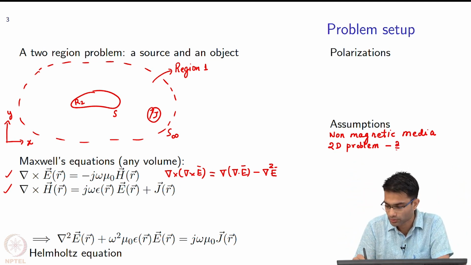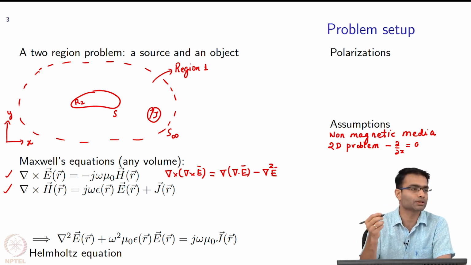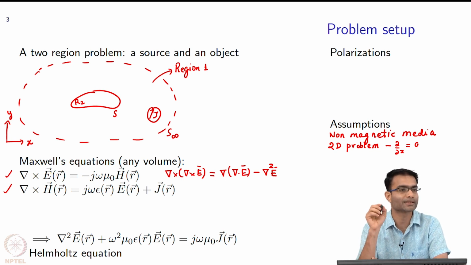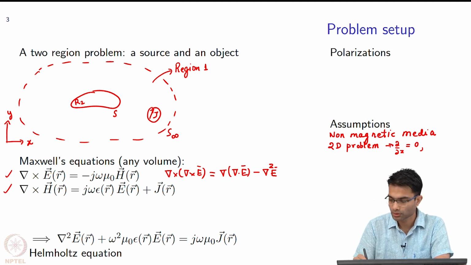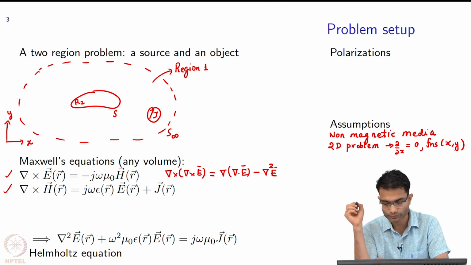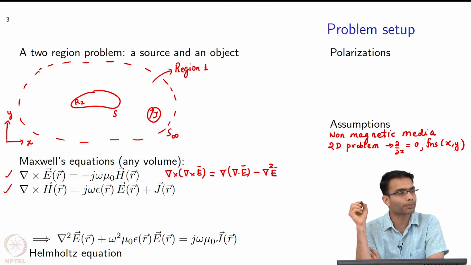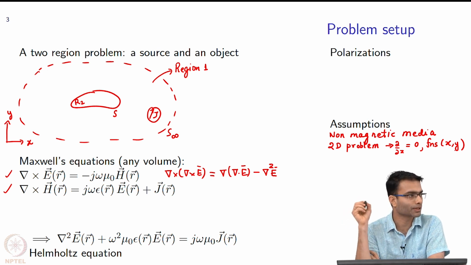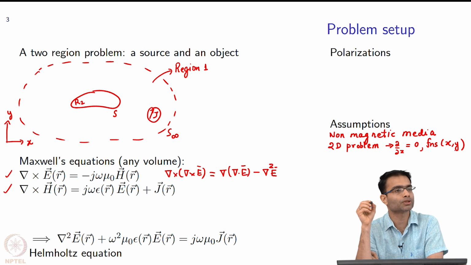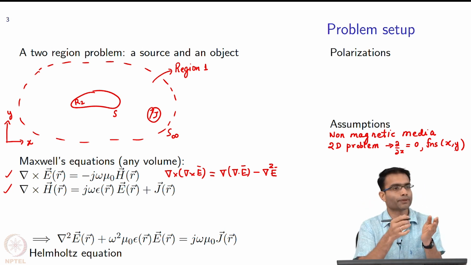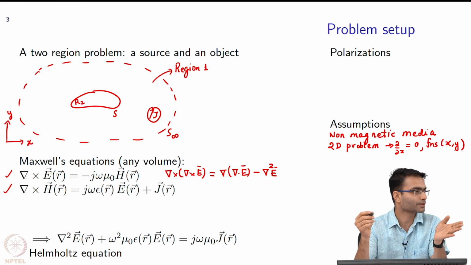It also means that all my functions, all my fields, are functions of only x and y. Now, when we deal with a 2D problem, all of you who have probably studied waveguides and such things in your undergrad know that a general problem can be broken up into two orthogonal polarizations, transverse magnetic and transverse electric.